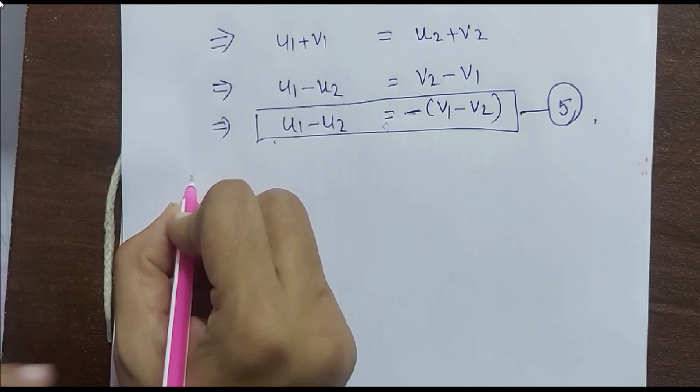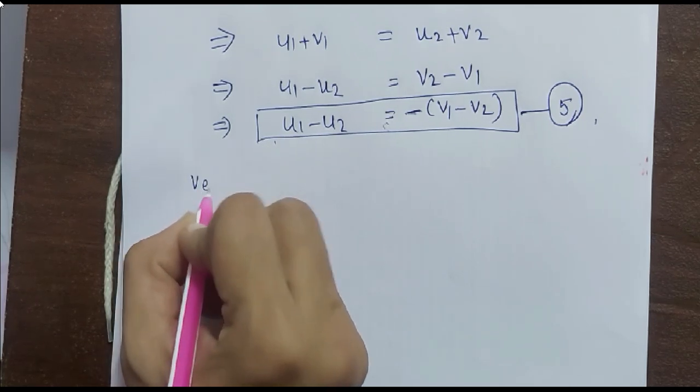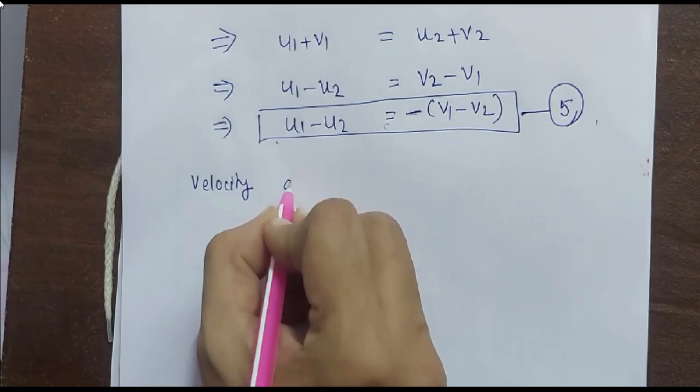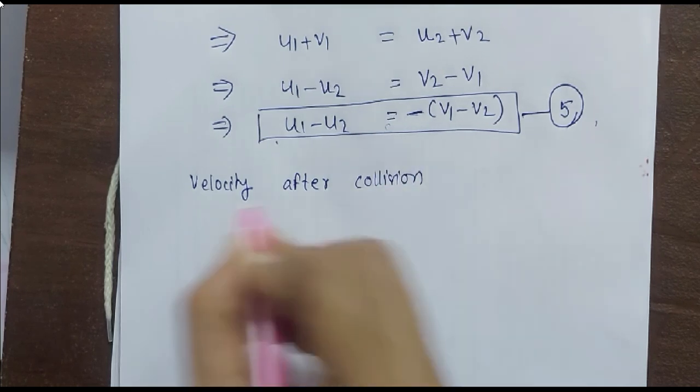Now we will determine the velocity after collision, that is, we will try to find the values of v1 and v2.